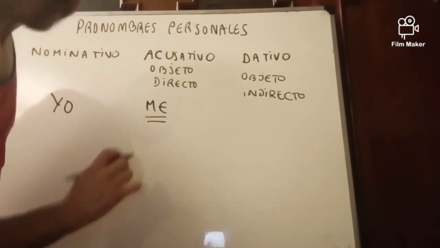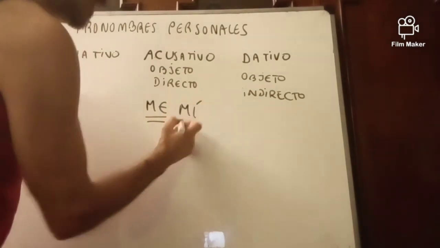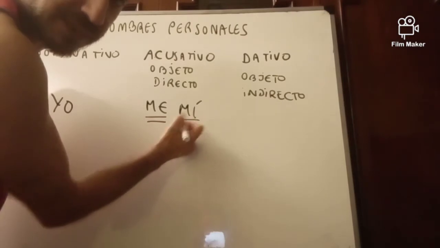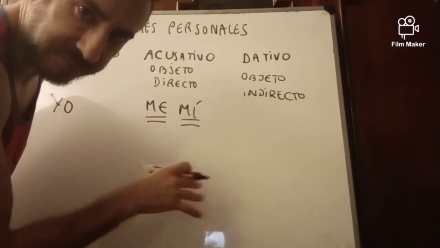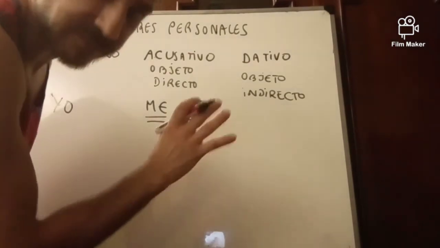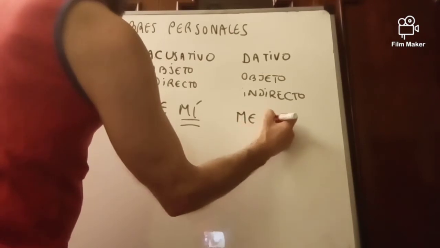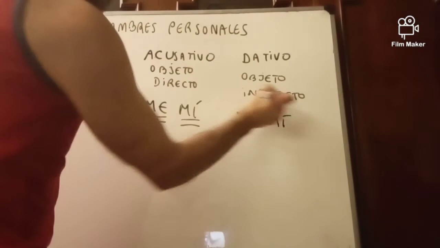Mostly it's me, but we use mí too when it's preceded by a preposition. We'll see this in examples in a few seconds. The same as for the pronouns for the indirect object.